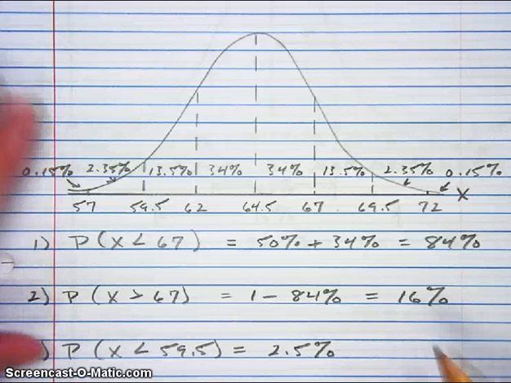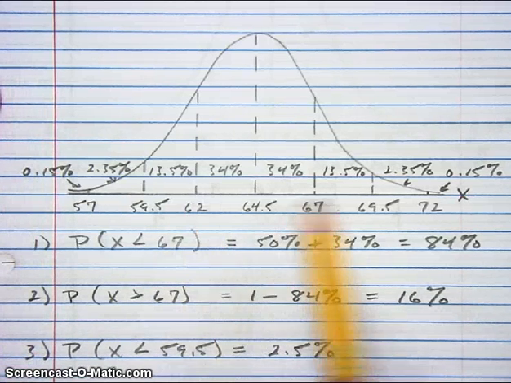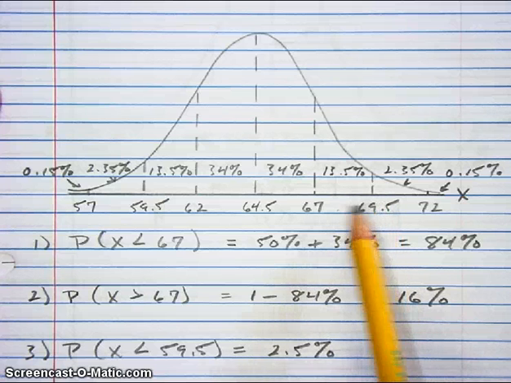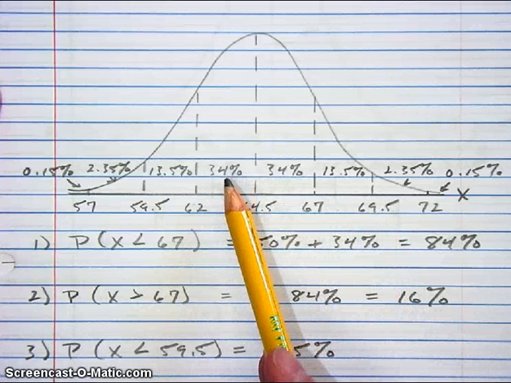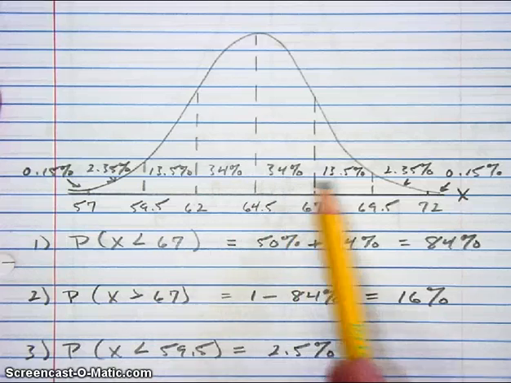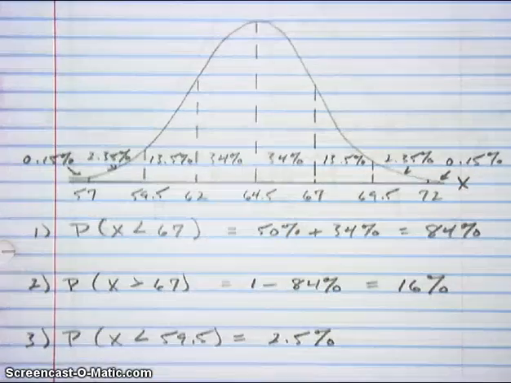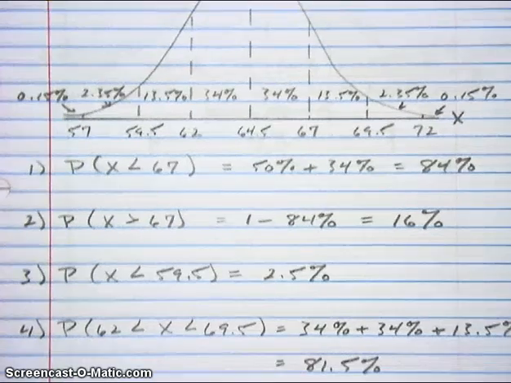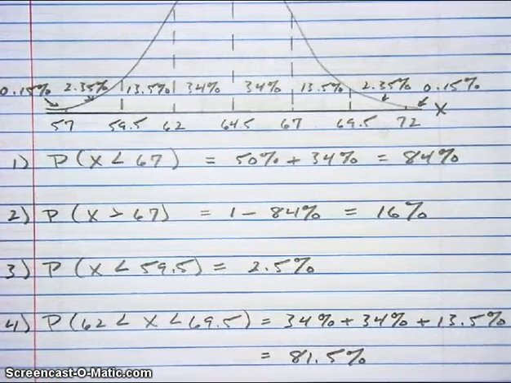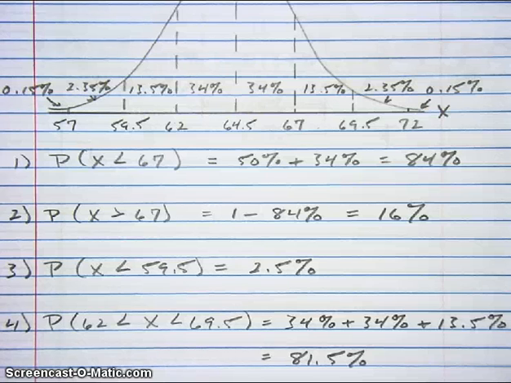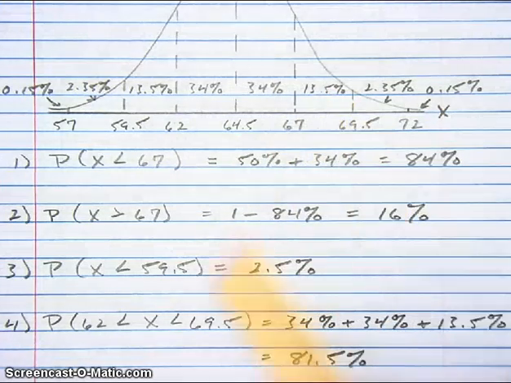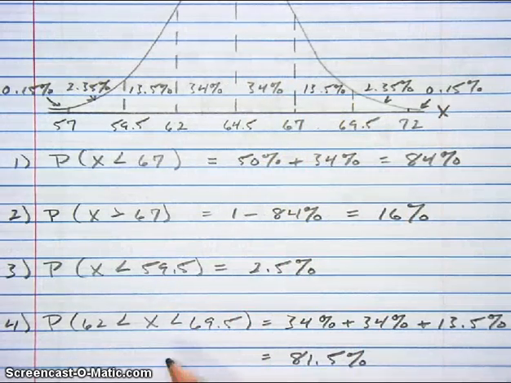If you want to find, say, the proportion of women's heights that are between 62 inches and 69.5 inches, you could just add up these three areas, 34% plus 34% plus 13.5%, and that would give you 81.5% for that area, and that would serve your purpose right there. That would give you the area of these three pieces combined. It would give you the proportion of women's heights that are between 62 and 69.5 inches.